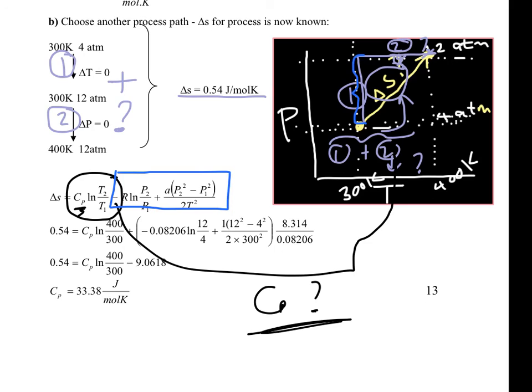Remember, in step 1, the temperature stays constant at 300 Kelvin, and that is therefore the temperature that we need to substitute in that part of the equation. And now we can calculate that missing Cp value, because we know that the total entropy must still be the same as calculated from the previous path.